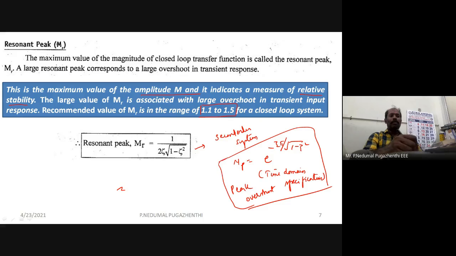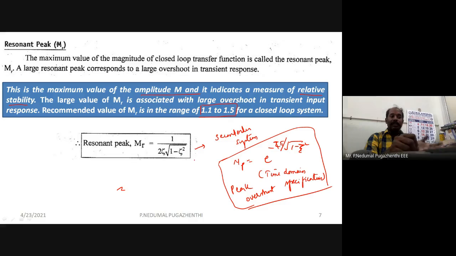Now you can also see that this maximum peak overshoot depends only on the zeta factor. What is that zeta? Damping factor. The same way, this resonant peak also depends upon the damping factor zeta.